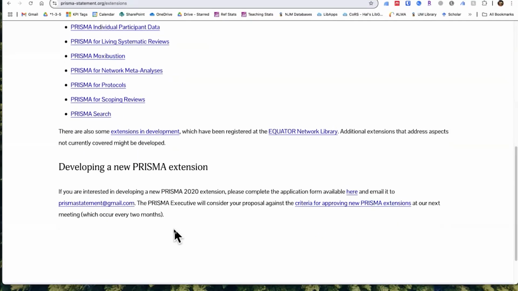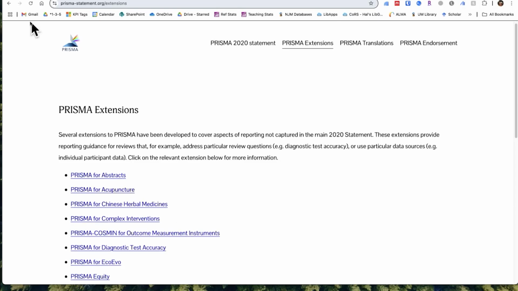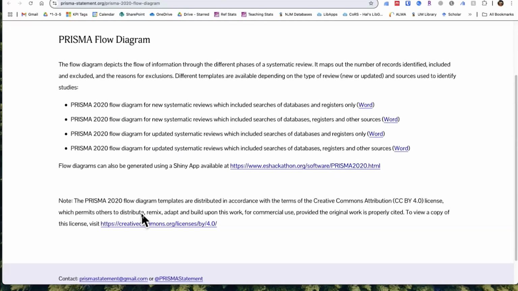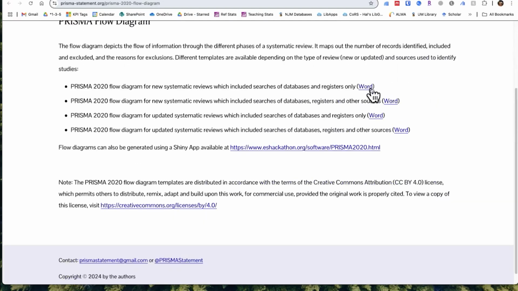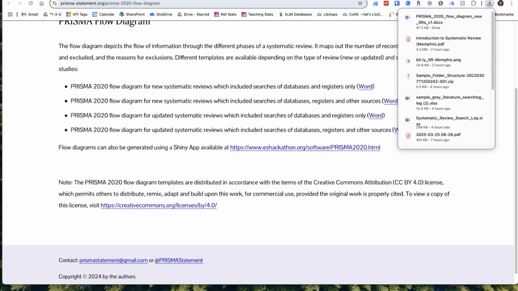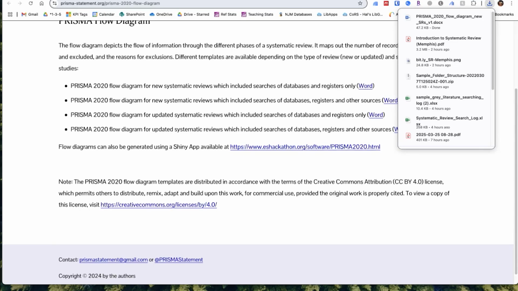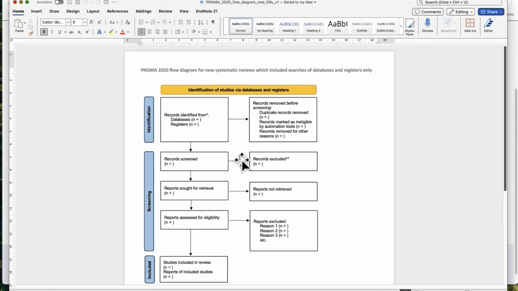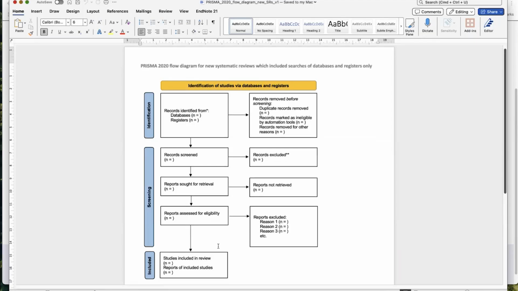And probably what many of you are most familiar with is the PRISMA flow diagram, which you will see in almost every systematic review. Let me see if I can get it up here. I think I have some screenshots later on if it doesn't load, but it looks like this. It basically shows you the process that the researchers have followed from when they started their search down to their final number of studies included.